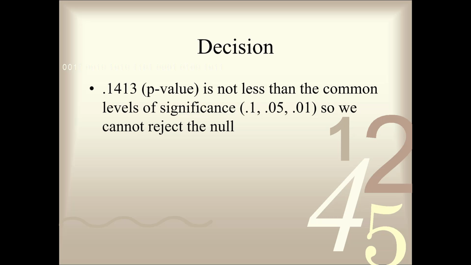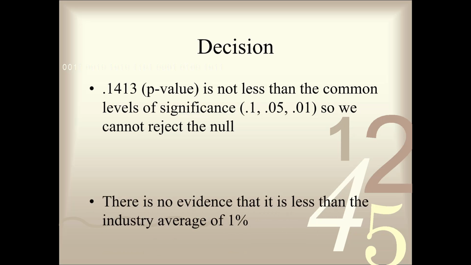But basically, since 0.1413 is not less than the common levels of significance, 0.1, 0.05, and 0.01, representing the common 90, 95, and 99% confidence levels, we cannot reject the null. So basically, we haven't shown that it's less than 1%.